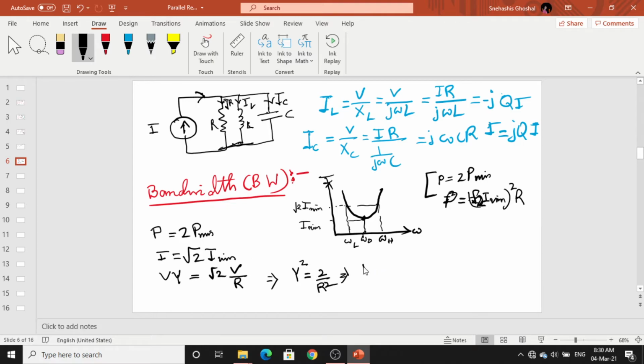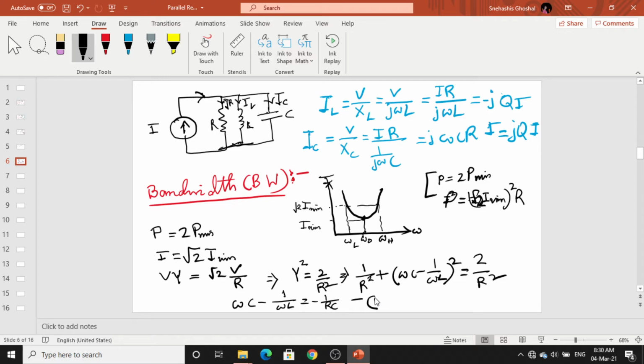So Y square is what? 1 by R square plus omega C minus 1 by omega L whole square equal to 2 by R square. So you take this 1 by R square over this side, and simplification yields two equations. First one is omega C minus 1 by omega L is equal to minus 1 by R, that is equation number 1.